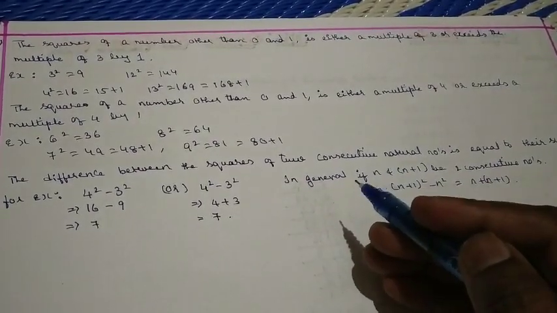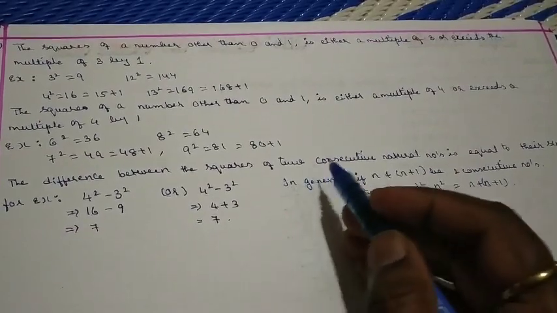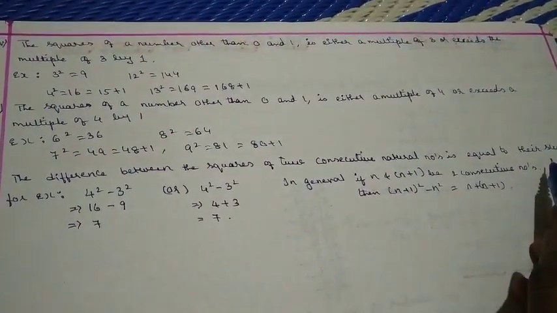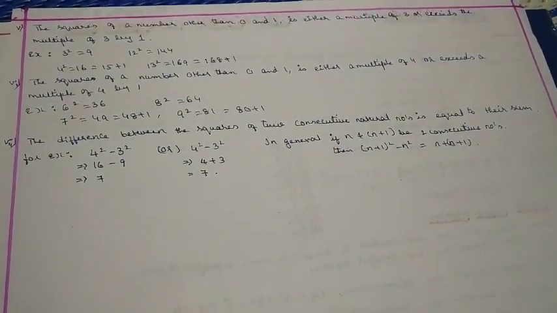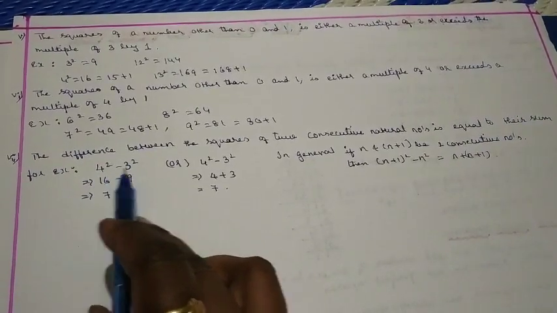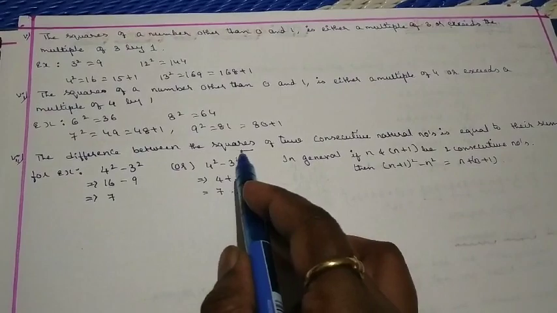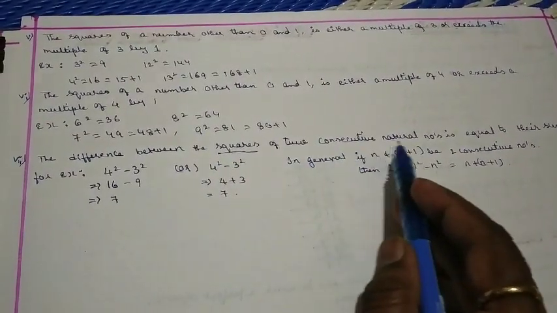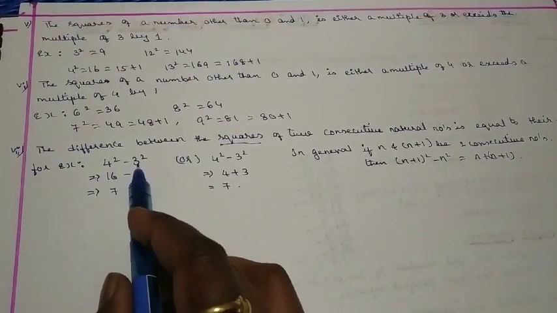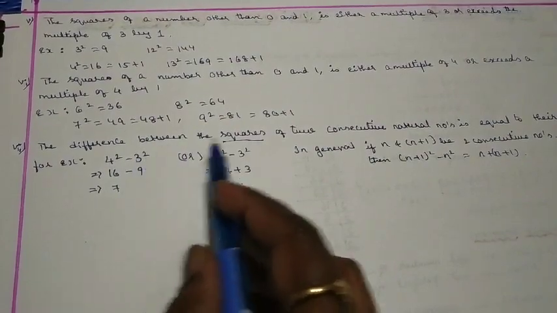That is, the consecutive of 3 is 4 or the consecutive of 3 is 2, like that. For example, 4 square minus 3 square. You need to stress here the words squares of two consecutive natural numbers. So 4 is a natural number, 3 is a natural number, and these two are consecutive numbers with their respective squares.